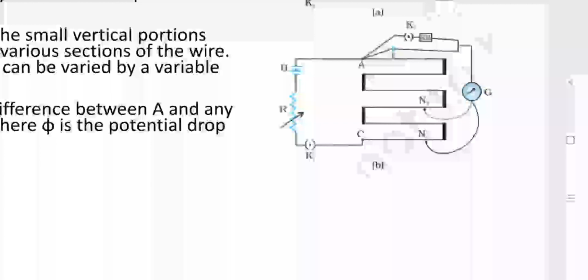So this is how two conditions are obtained: epsilon equal to phi L1 and V equal to phi L2. Make phi the subject of the formula on both sides and compare both equations. So it becomes epsilon by V equal to L1 by L2.